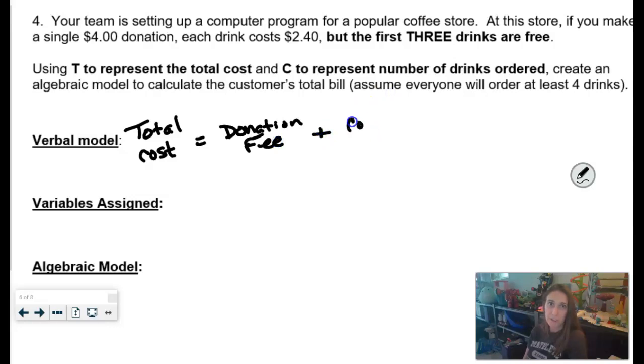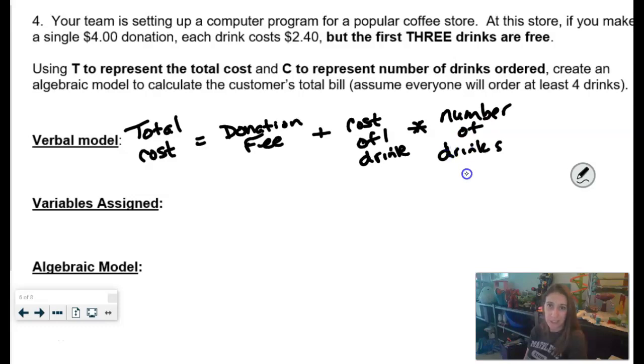So cost of 1 drink, I should say. But then you'd multiply that by how many drinks you pay for. So I'm going to say the number of drinks. Now, normally I'd just say number of drinks, but this one's a little tricky. Number of drinks you pay for. This is not the best way to word that.